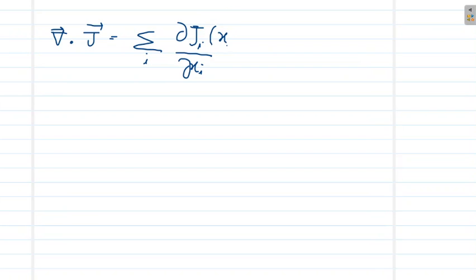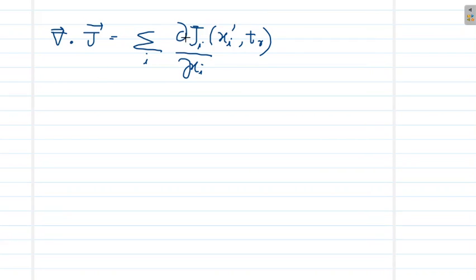So we know del dot j, its expansion is summation over i dou ji by dou xi, right? Dou j x by dou x1 plus dou j y by dou x2 and so on. Here we know the current density j is actually a function of xi dash or r bar dash and tr, right?